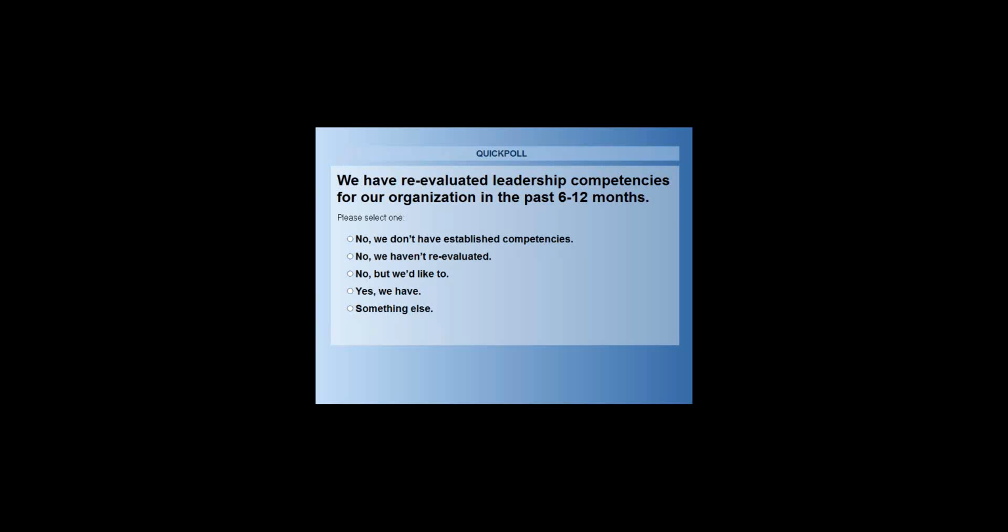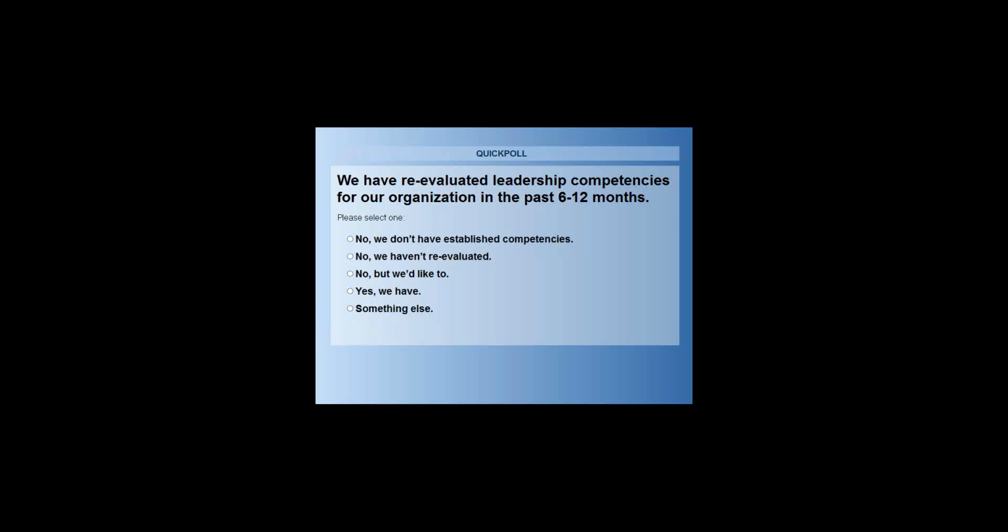It doesn't make any difference. This helps us understand where you are as an audience, but it doesn't make any difference what your answer is. We're going to have something for everybody. If you haven't established competencies, in my old consulting world, that was the ideal situation to walk into, somebody that's interested but hasn't gone down any wrong paths yet, and we can really get things going.